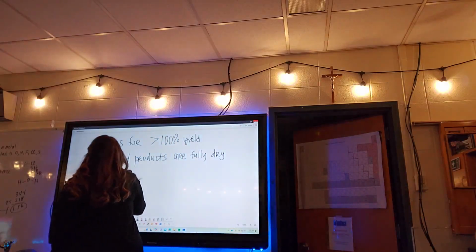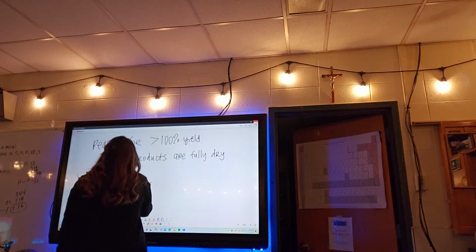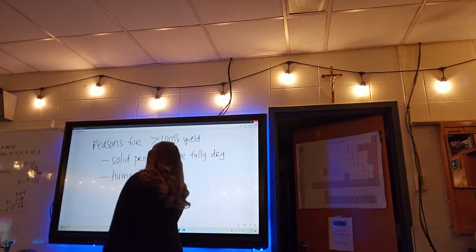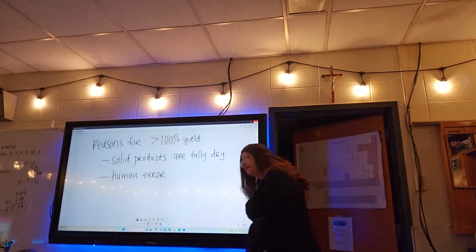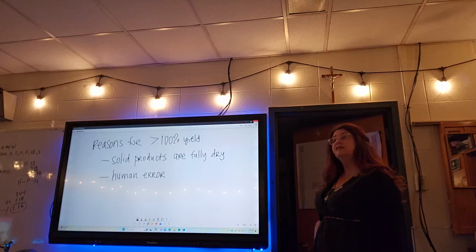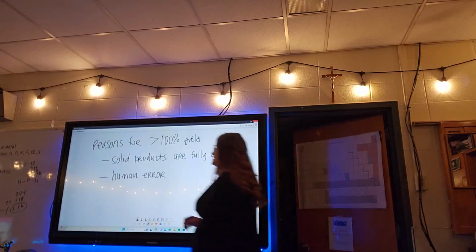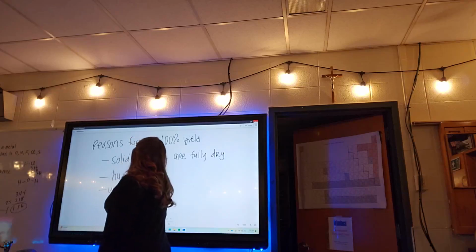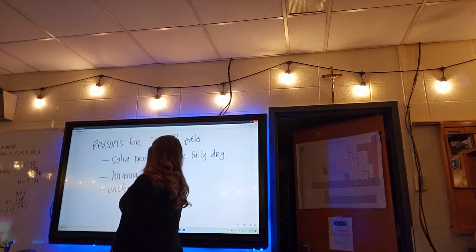Again, we have the human error, and usually it means that we have not recorded something properly. Maybe we didn't clean the balance pan off before we used it, and so it looks like we've got more of something than we actually did. Maybe we didn't clean our glassware.